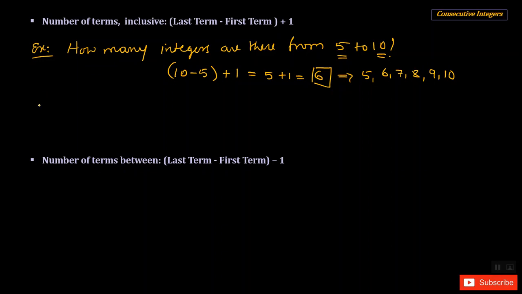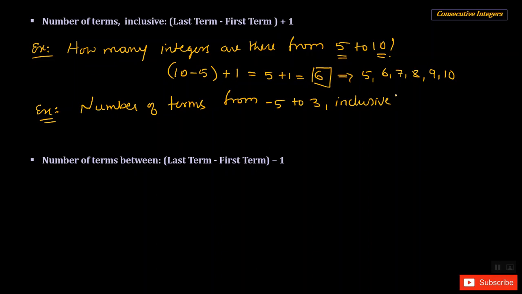Let's take another example. Same question. How many integers are there, or I can say number of terms from -5 to 3 inclusive, right?